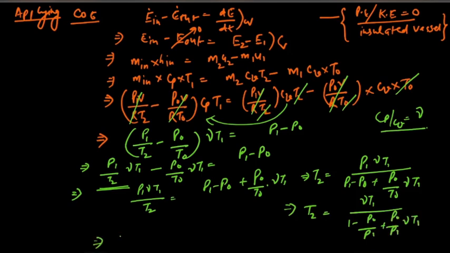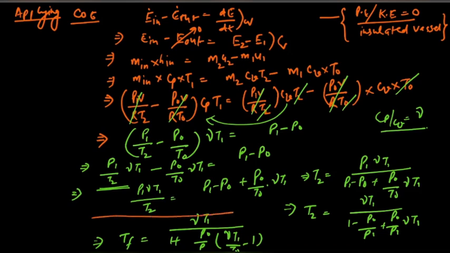Therefore, simplifying, the final temperature in the pressure vessel after charging will come as gamma T1 divided by 1 minus P0 by P1 plus P0 by P1 gamma times T1 by T0, that is, gamma T1 divided by 1 plus P0 by P1 times (gamma T1 by T0 minus 1).